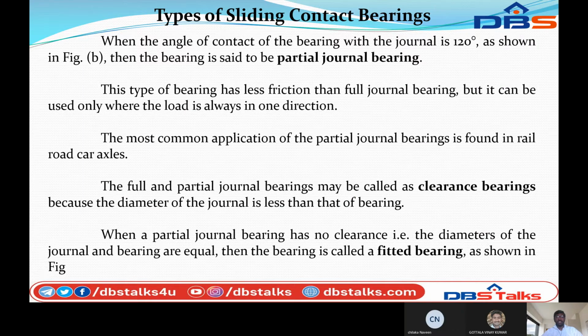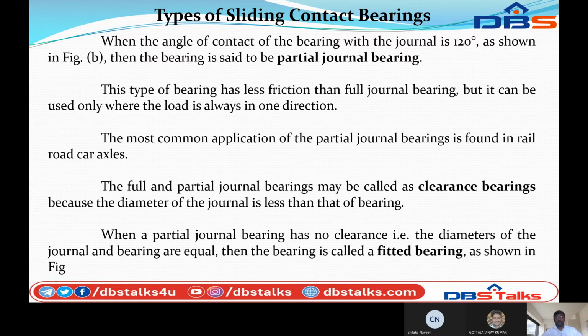This type of bearing has less friction than the full journal bearing, but it can be used only where the load is always in one direction. The partial journal bearing is used for loads applied in one direction.